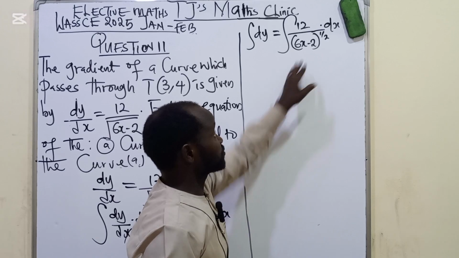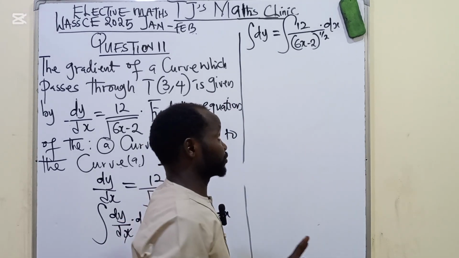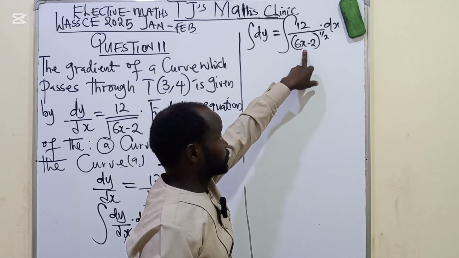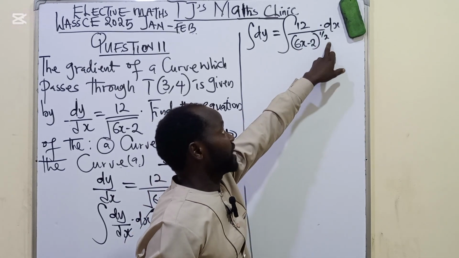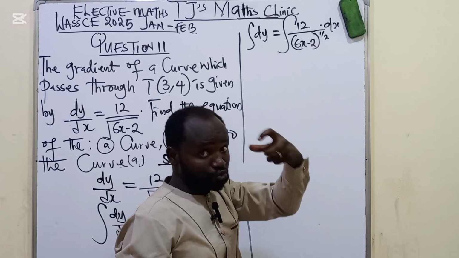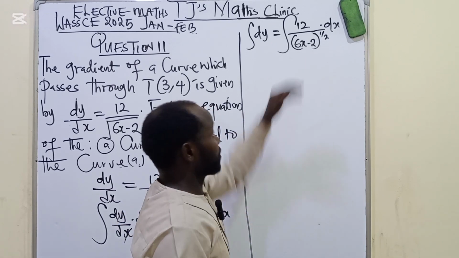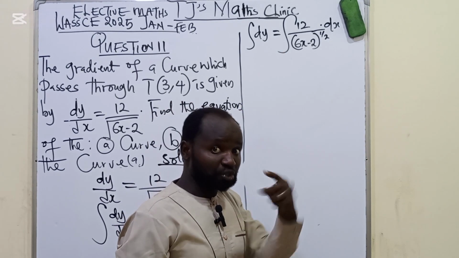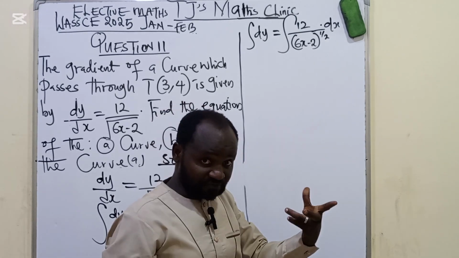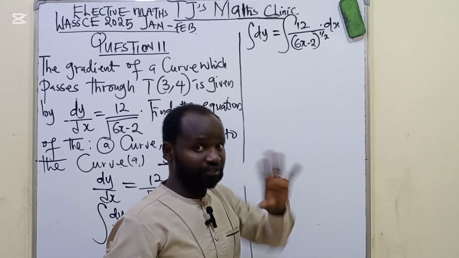If the denominator has only one term and it is chained, we use normal integration. But here we have two terms in the denominator, 6x and minus 2, and it's chained because of this power half. We have to use u substitution to integrate this.